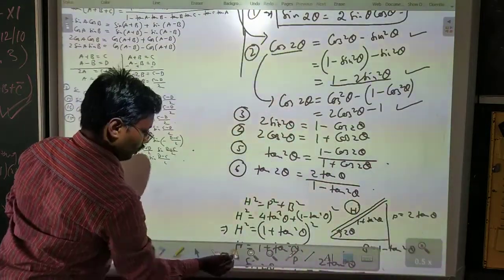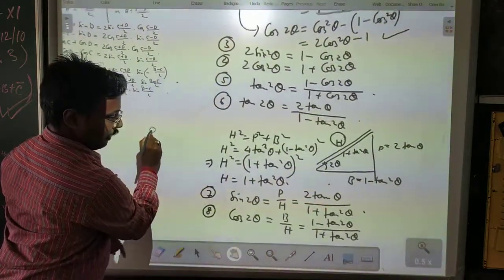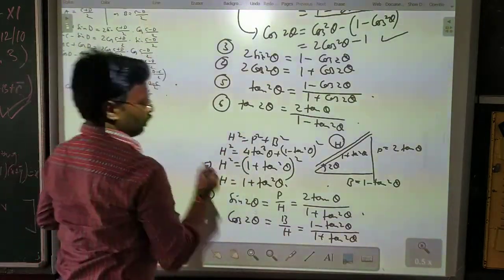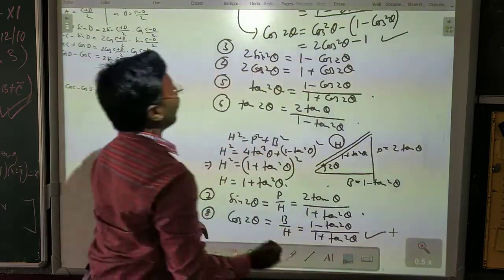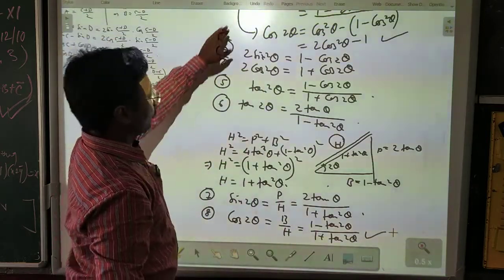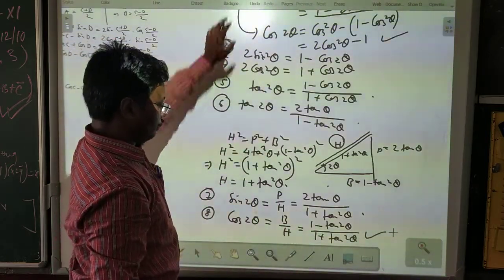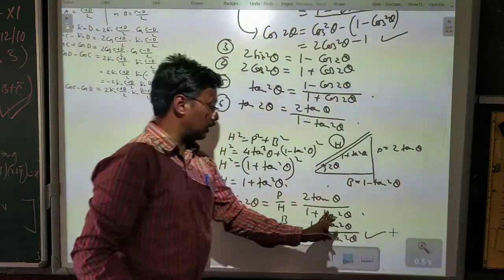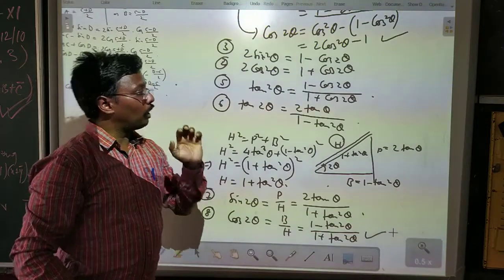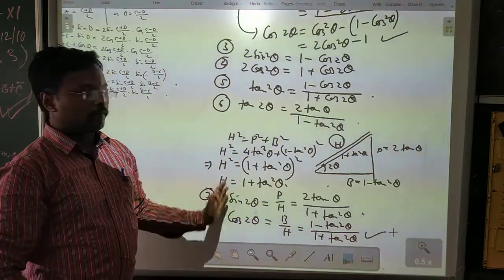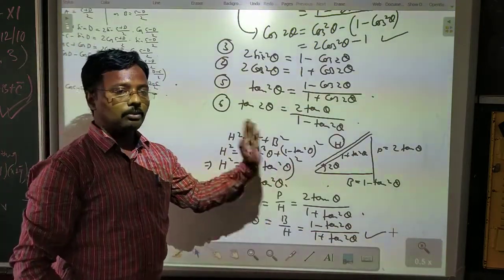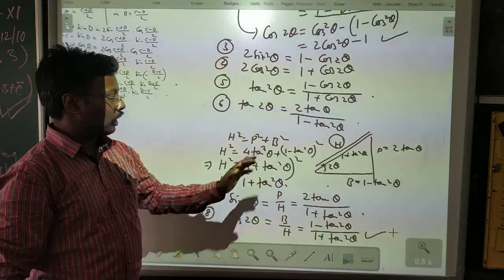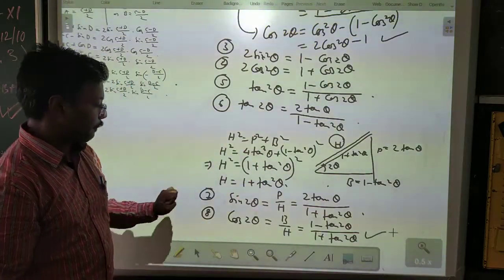And one more we are getting as 1 minus tan square theta by 1 plus tan square theta. And for sin 2 theta, we are getting 2 formulas. One is 2 sin theta into cos theta and the other one is 2 tan theta by 1 plus tan square theta. So you have to check what type of question is given, whether to write it in terms of tan or in terms of sin, in terms of cos. So these are the things you need to check. Okay.